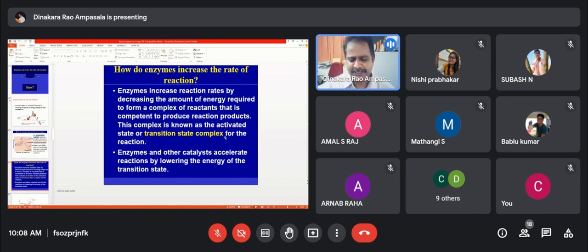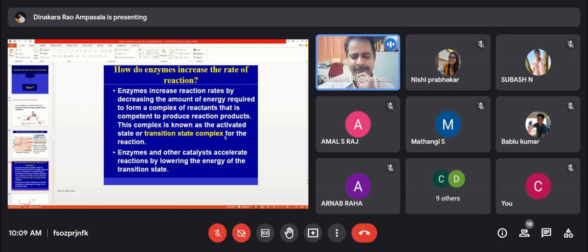As I said, the molecule needs activation energy. Once the molecule becomes activated, it is called the transition state complex. When the molecule enters the transition state complex, it will turn into a product. Before that, it requires some energy, which we need to provide. Enzymes and other catalysts accelerate reactions by lowering the energy of the transition state.